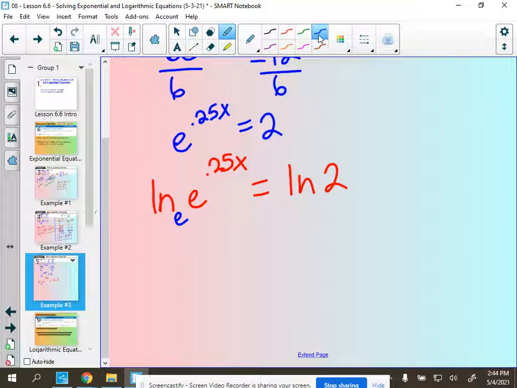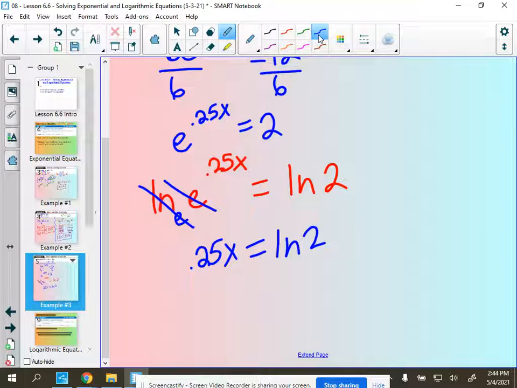That inverse property says this cancels with this, just leaving us on the left side of this equation 0.25x. So we're digging deep a little bit there. That's one of those inverse properties involving natural logs and e-base exponential functions. And then it shrunk down pretty good here.